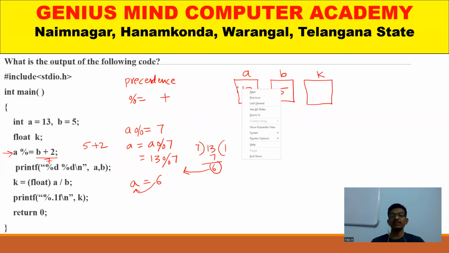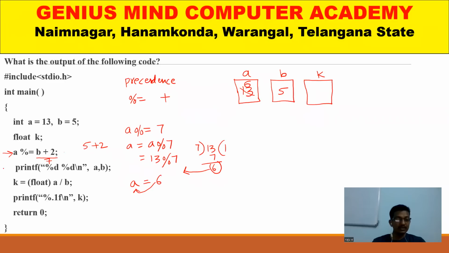Previously 13 was there in a. Now the value 13 is overwritten by the value 6. Now 13 is gone, and the value 6 is present in a.